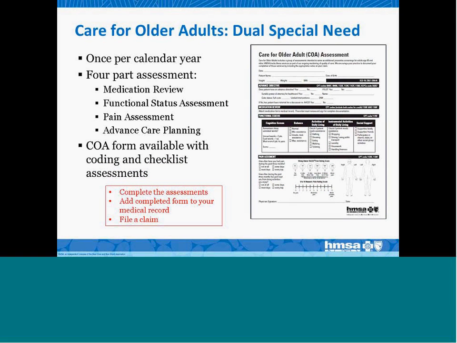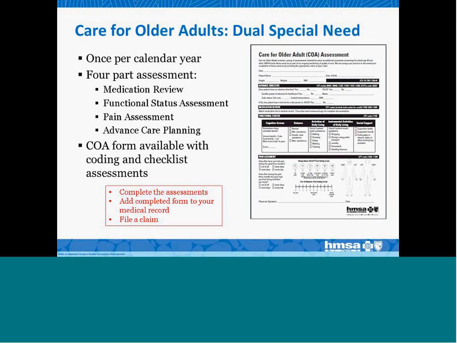So, for example, you might have a dual special needs member come to your office for their annual wellness visit. This would be a perfect time for you to complete their Care of Older Adults assessment, which is a 4-part assessment that includes a medication review, a functional status assessment, a pain assessment, and advanced care planning.